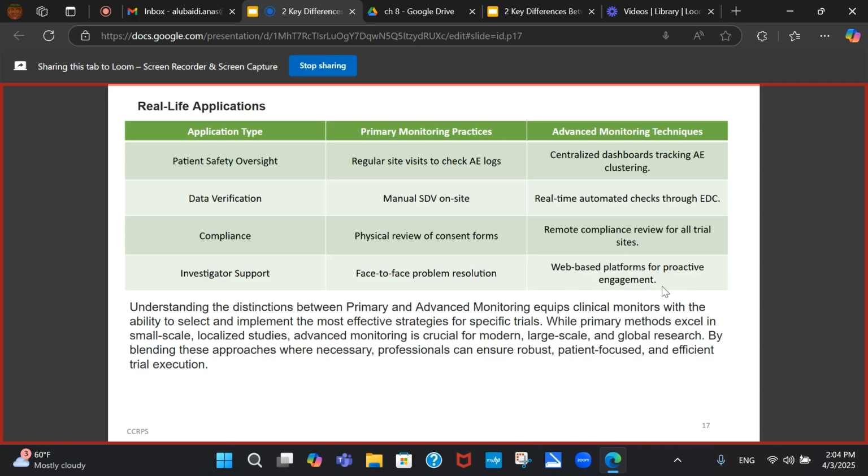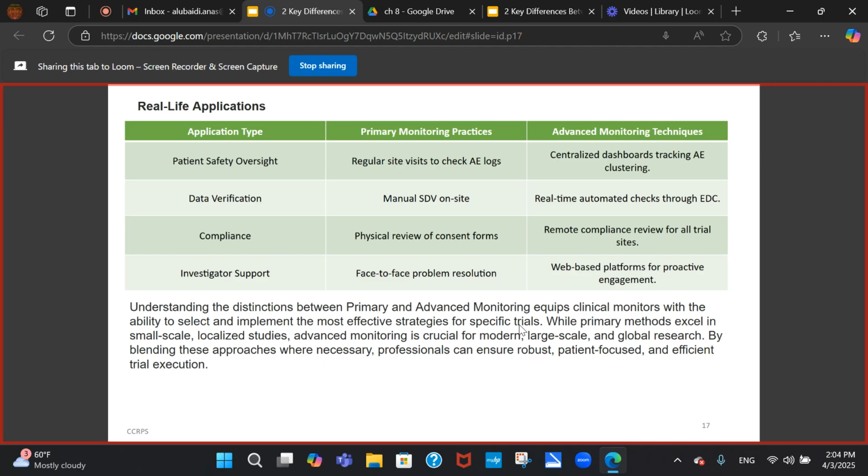So understanding the distinctions between primary and advanced monitoring equips clinical monitors with the ability to select and implement the most effective strategies for specific trials, whether medical monitor or any kind of monitor, because different positions, titles, or roles within research apply monitoring, not only medical monitors.